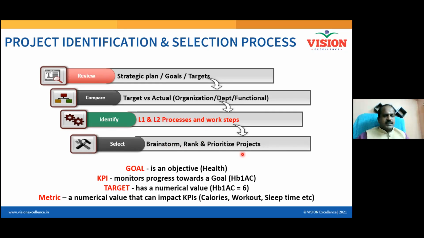Whichever appears at the top is probably considered the most important project. We already talked about goal, KPI, and target. We also know what a metric is. Every goal will obviously have a KPI and a target, and only then can you understand at any moment whether the goal is reached or not. So this is how it follows, but sometimes it varies from company to company.